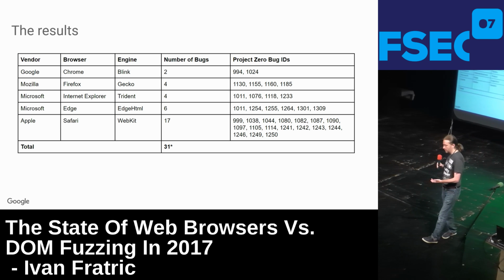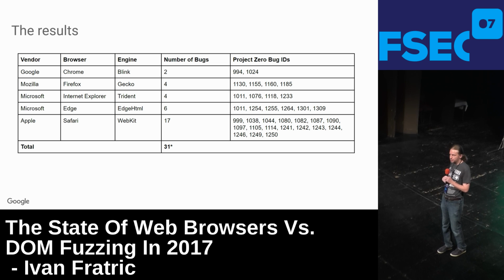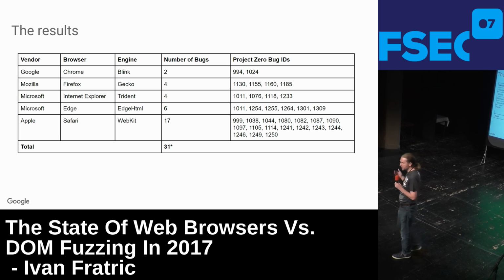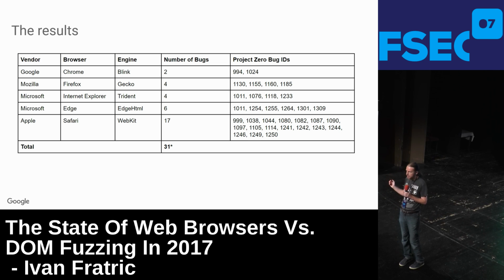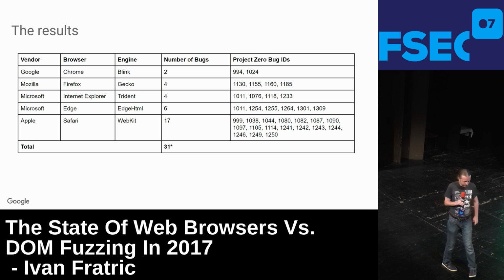My general impression is that most browsers actually did quite well, because if I used the same methodology 3 or 4 years ago, my impression is that I would be getting probably an order of magnitude more issues. So I think that shows a clear progress for the most part.